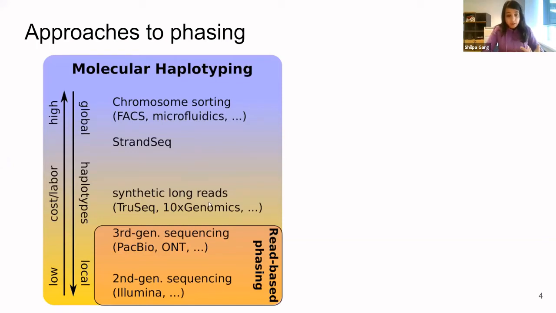So now the goal is to use these sequencing technologies and develop new algorithms to phase the genomes. This process is known as read-based phasing. It has several applications and advantages. The most important is it can phase de novo or any type of variations that are rare in population.